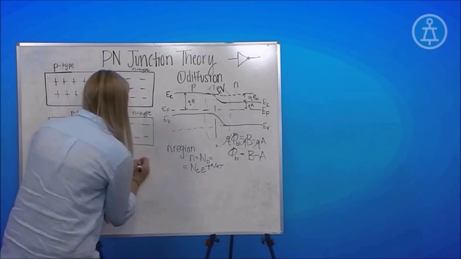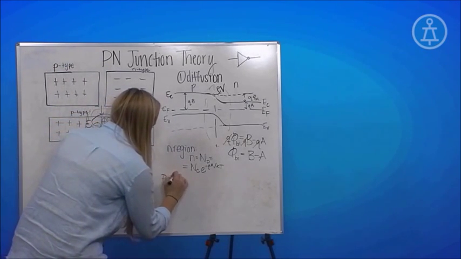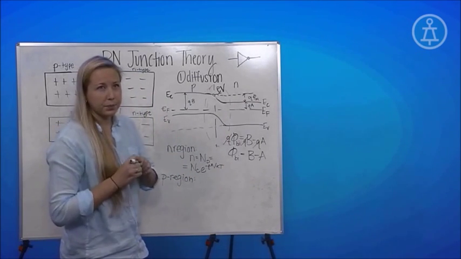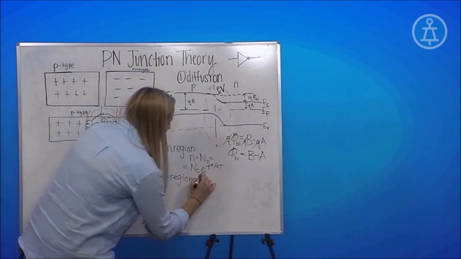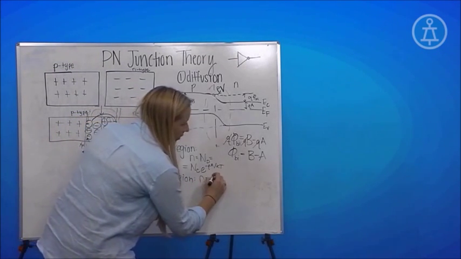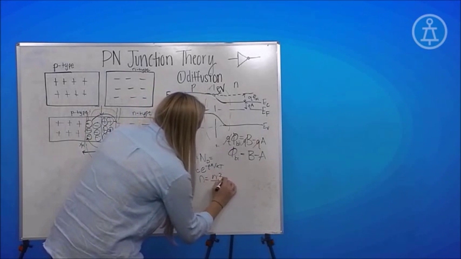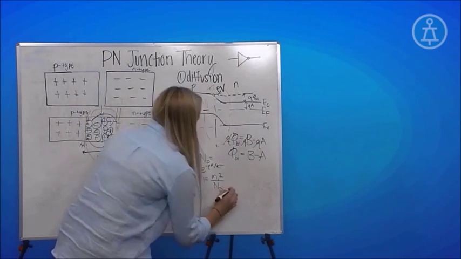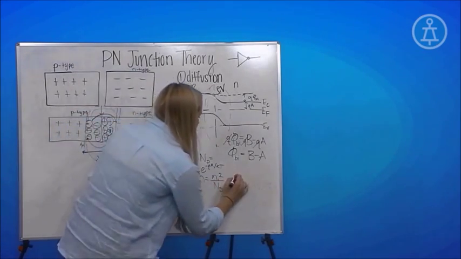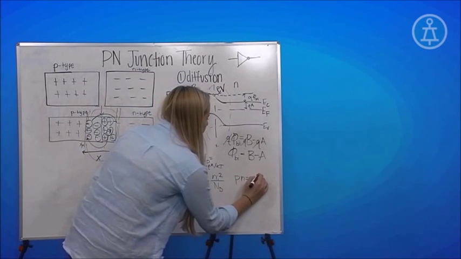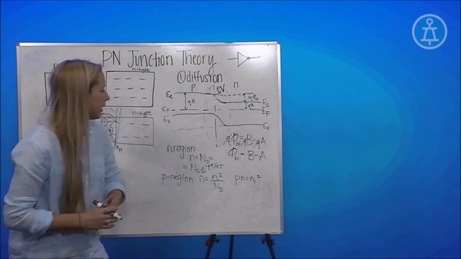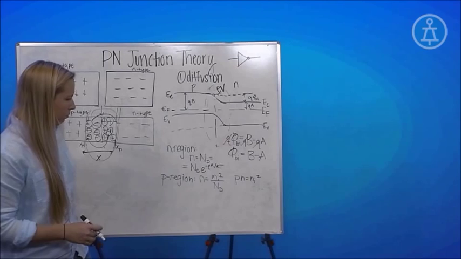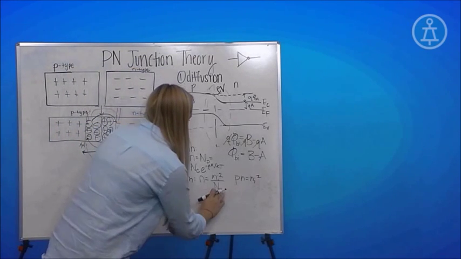And then also for the P region now, we have to go the opposite way. We have to say that our number of electrons is going to be the intrinsic value Ni squared over the number of acceptors, NA. And you'll recall that this is from your np equals Ni squared. And so if we're solving for n, NA, that's where I went wrong.